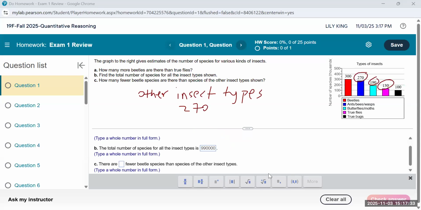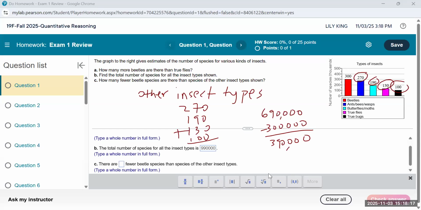These are the other insect types. 270,000, 190, 130, and then 100. So you find the total of that, which is 690,000. And then we have to subtract the 300,000 beetle species from that, which is 390,000.